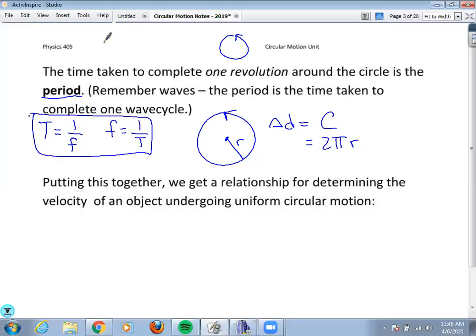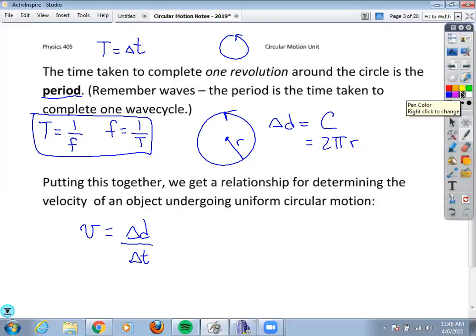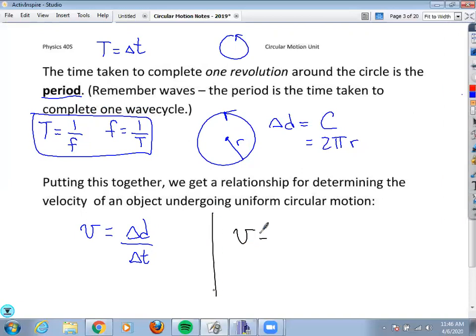It's very important to note that the period is analogous to the delta t in this case. So if we put this together, recalling that velocity is delta d over delta t, for circular motion the velocity would equal the circumference divided by the period, and with the definition for circumference, 2 pi r divided by the period.